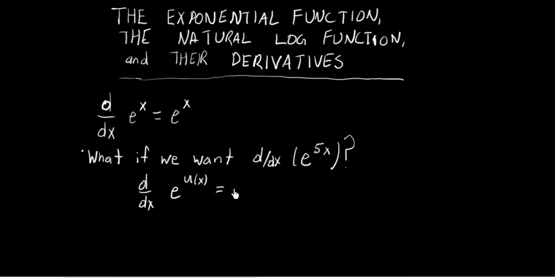And this is just going to be the derivative with respect to u of e to the u, which is e to the u, times the derivative of u with respect to x. And in this case, u is 5x, so this would be e to the 5x times 5, or 5e to the 5x.